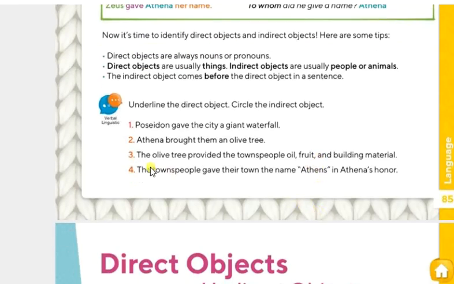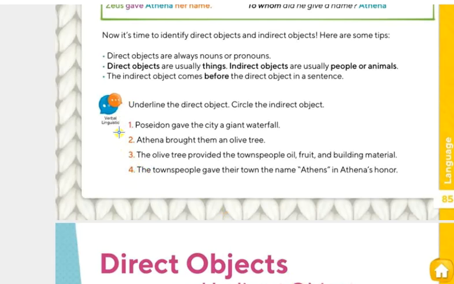Now, the exercise says, read with me please. Underline the direct object. Circle the indirect object. Remember, I will help you with the first one, then you have to continue with the others, okay? Pay attention.